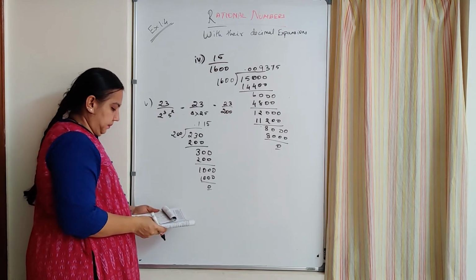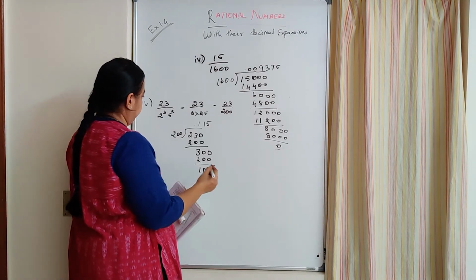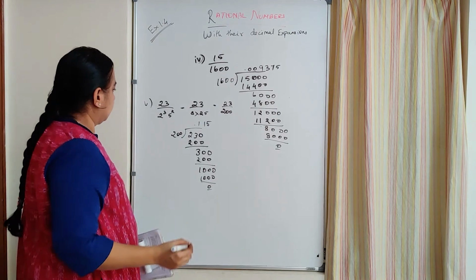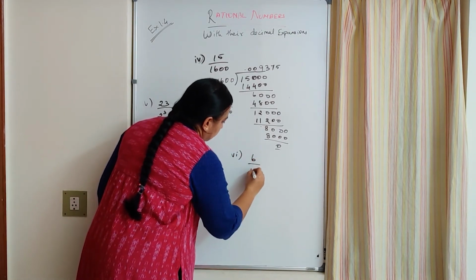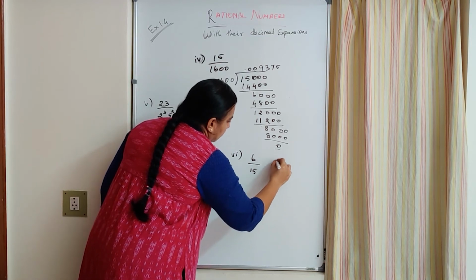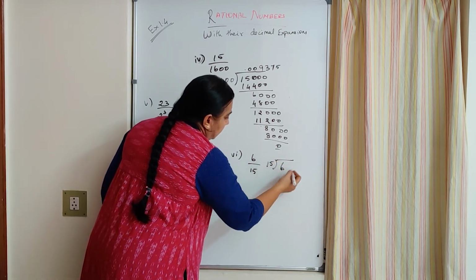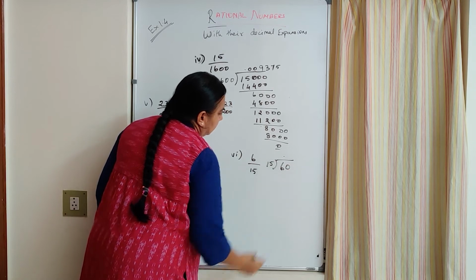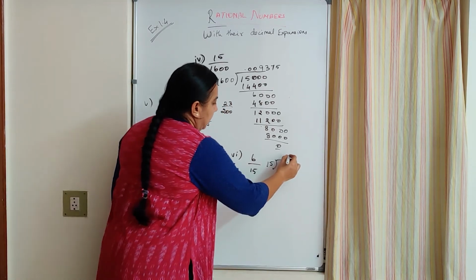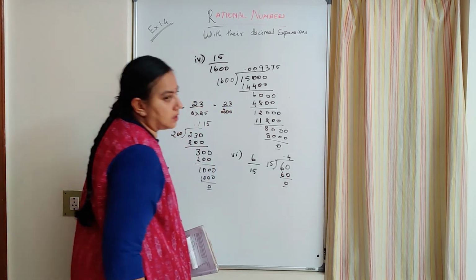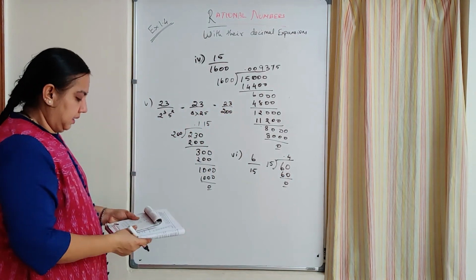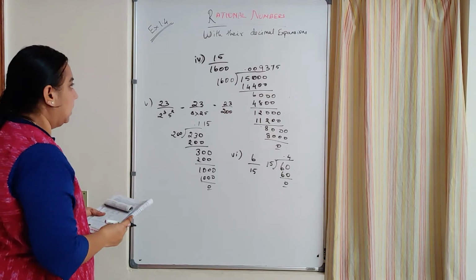The next is 6 by 15. 6 divided by 15, it's a smaller number, so I keep the decimal in the beginning only, and it comes for 4 times. That's it. So again that's a terminating decimal.